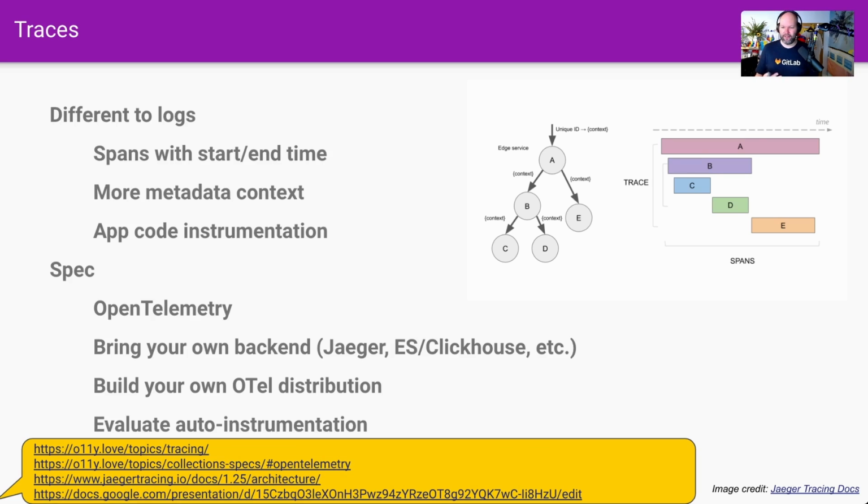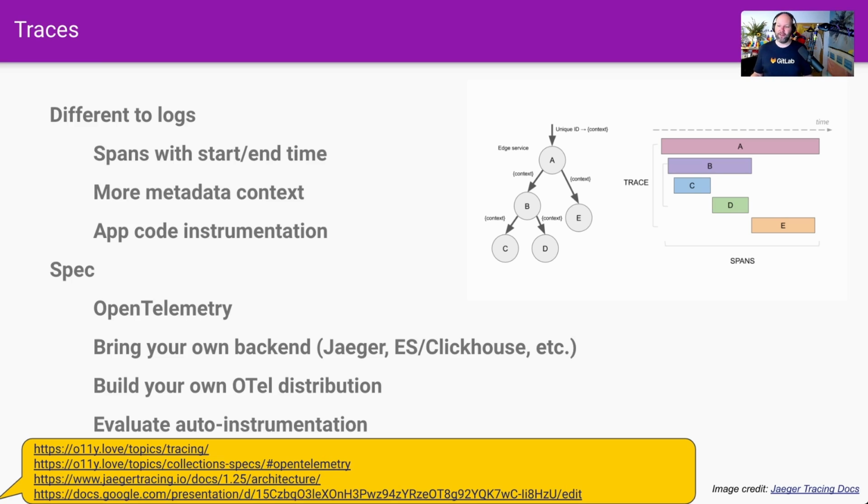There is the possibility to add more metadata into the context. You can add code to the application, so-called instrumentation. And the good thing is there is a common specification now with OpenTelemetry, which also defines its specification.